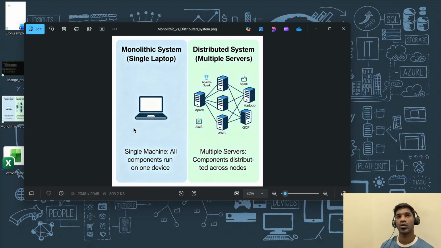You can go up to 64 GBs of RAM, or up to 128 GBs, but you can't go beyond that. That is known as a monolithic system. Databases also have some limitation. I'm talking about the on-premise database, right? So imagine that as a monolithic system, and we have a distributed system where you can connect multiple systems to do your process.